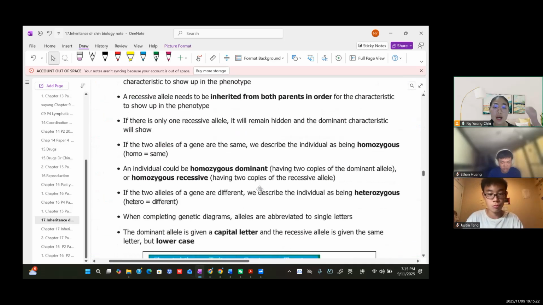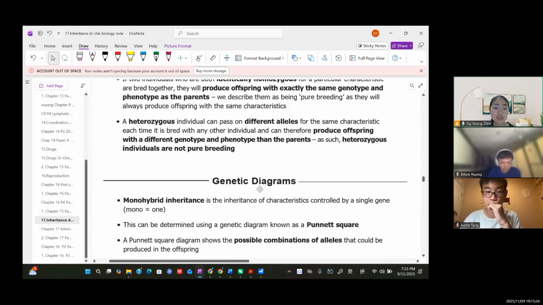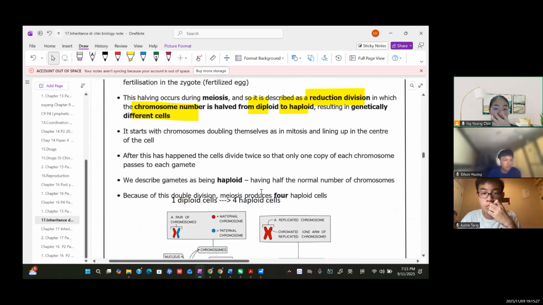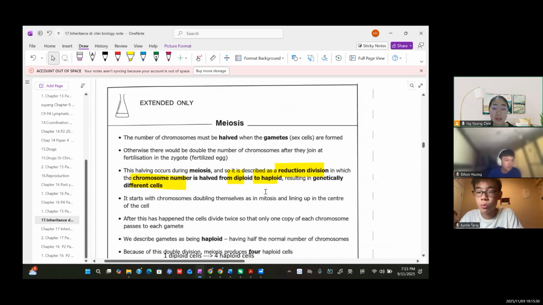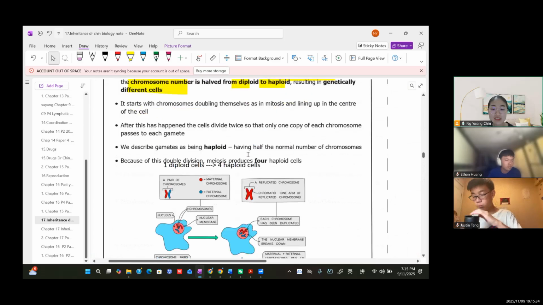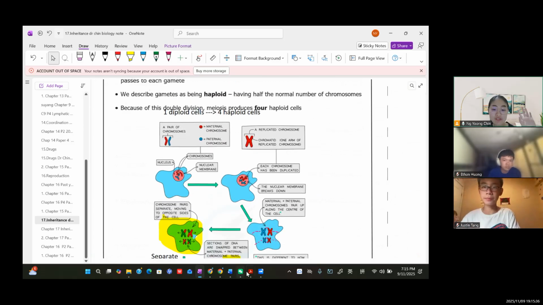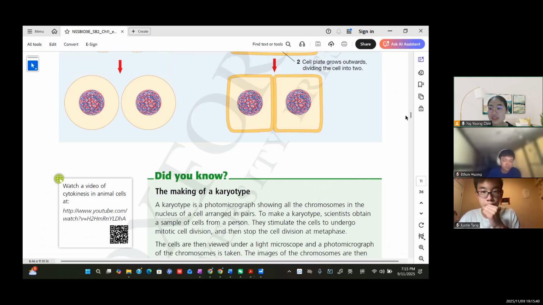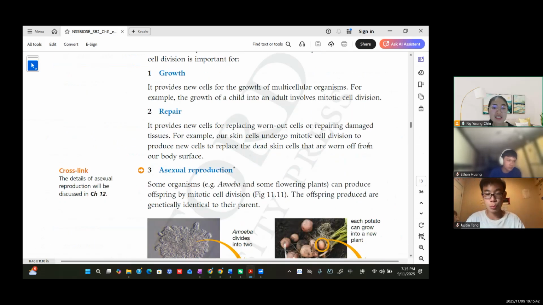Okay. Then how about meiosis? Let me show the actual picture for meiosis. You can refer to this. I'll send this book to you, I think it's very good for your understanding.